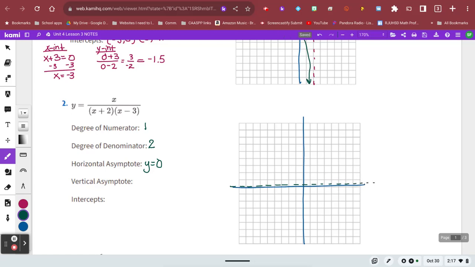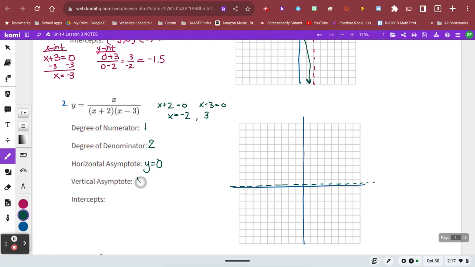Now the vertical asymptote, remember we're going to take our denominators, set them equal to 0, so x plus 2 equals 0, and x minus 3 equals 0. I'm going to subtract the 2 on both sides, so we get negative 2, and here I'm going to add the 3 to both sides.